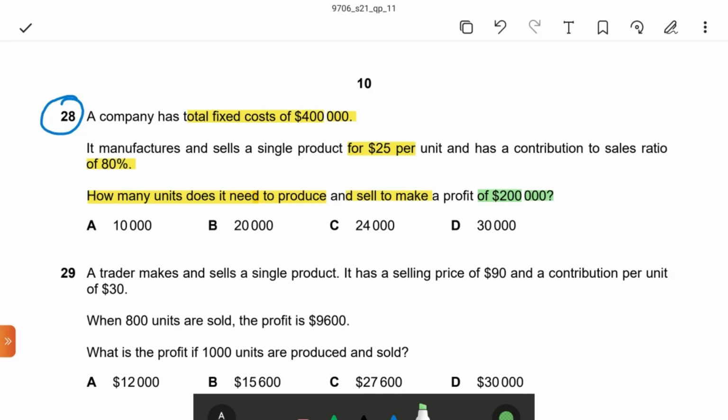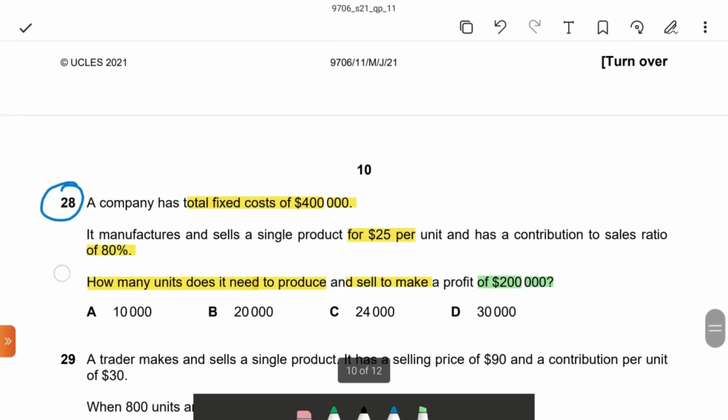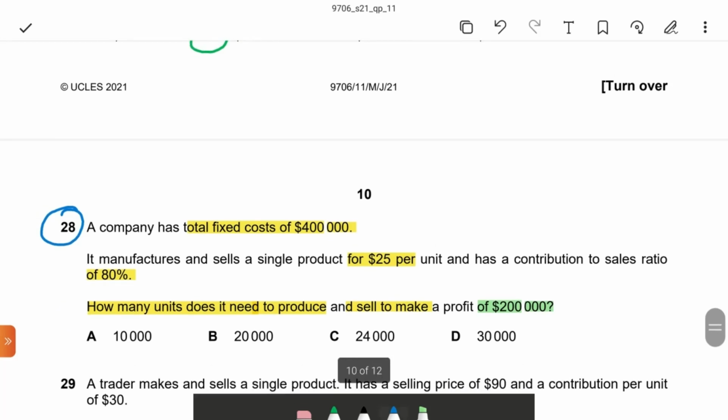So to calculate the target profit, how many units we have to produce, first we'll write the equation. The equation is, the sales volume we can calculate.